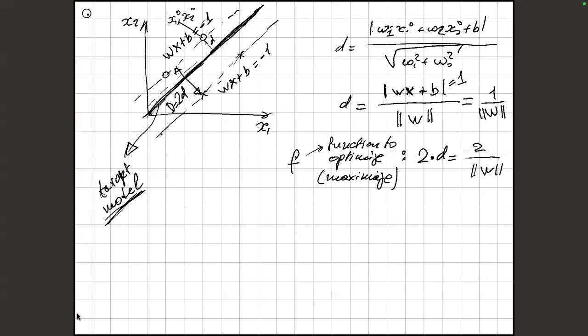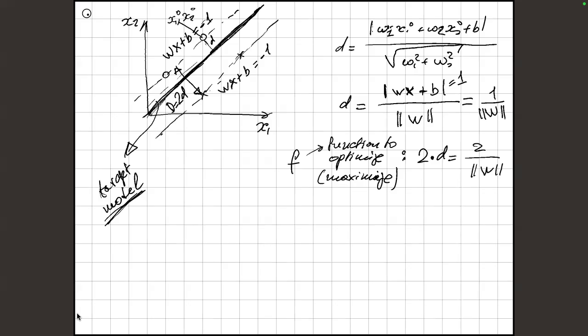So we want to maximize this number. We don't know these d's, so that will be just a collection of coordinates. But numerically we want to find the support vectors such that the distance between the two classes is maximized.